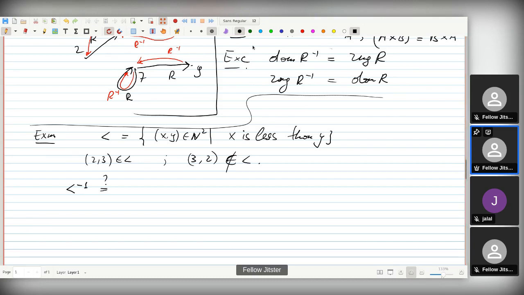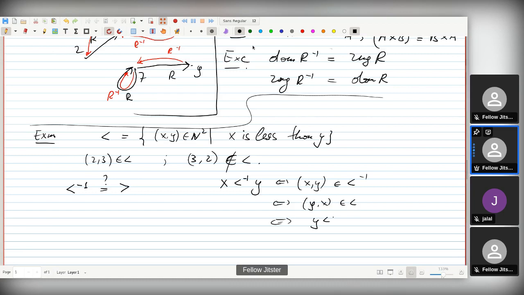Y is less than X, or we say X is bigger than Y. Exactly. The converse of less than is greater than. X belongs to this relation if and only if, by definition, the pair (x, y) belongs to less than, which means that (y, x) belongs to the converse.